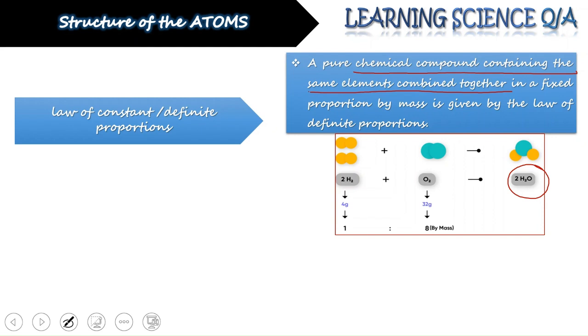So, talking about water, in water we have hydrogen and oxygen combined in a ratio of 1 is to 8 by mass. Again and again, we are mentioning here mass, we are not talking about the atomic number, we are talking here about the mass, right?